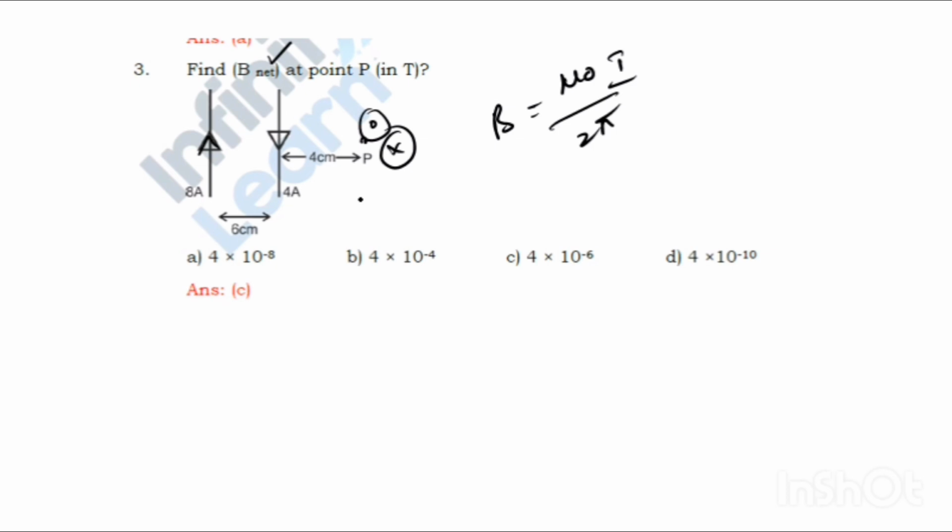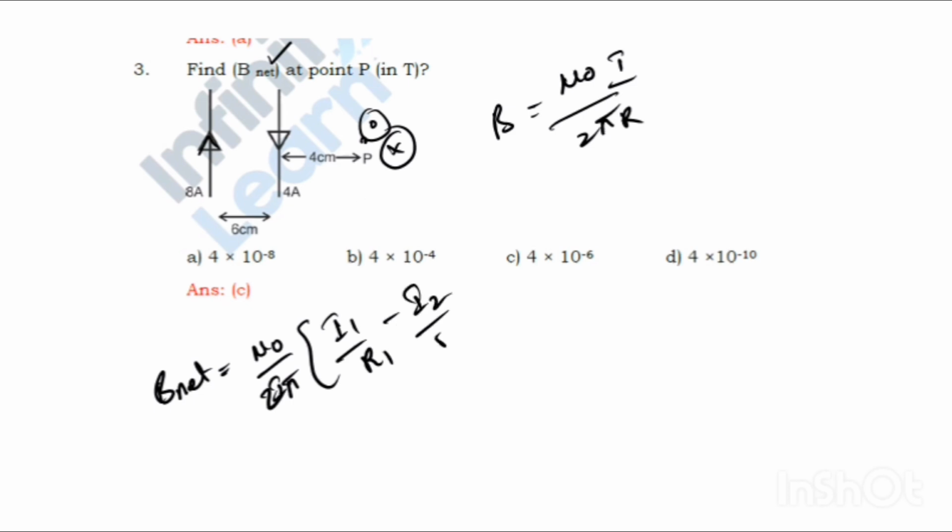So B net is equal to μ0 by 2π into (I1 by R1 minus I2 by R2).